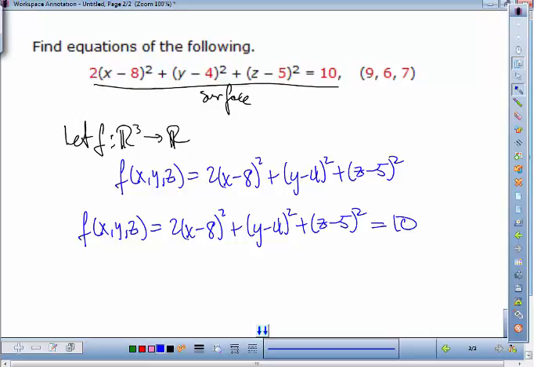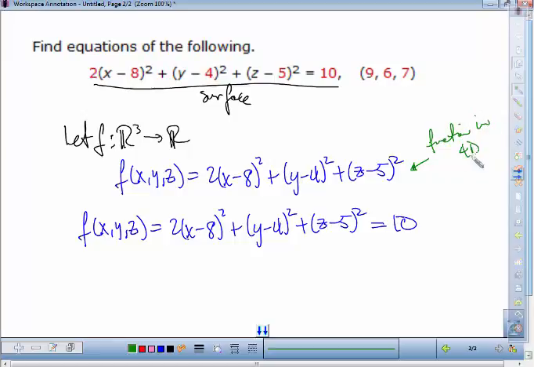So let's make the distinction here that this is a function in 4D, and this is a level set of f.